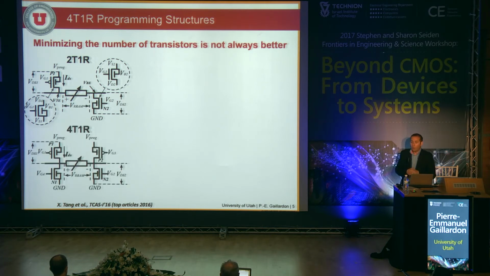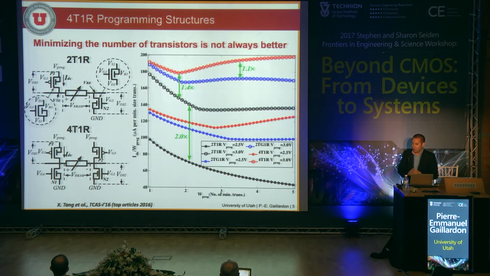So what we do propose is to use 4T1R structures. You'll always have a great path between VDD and ground, and as a result, you'll be able to achieve a much higher current density for a given sizing of your device. So in this particular case, more than 2x compared to existing structure reported in literature.